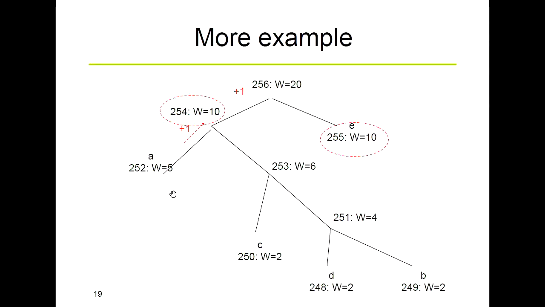So you can see that if the distribution of the weight is a bit more even, you have a more balanced tree. If they are skewed, one is very popular, one is less popular, the less popular will be further down in the tree.